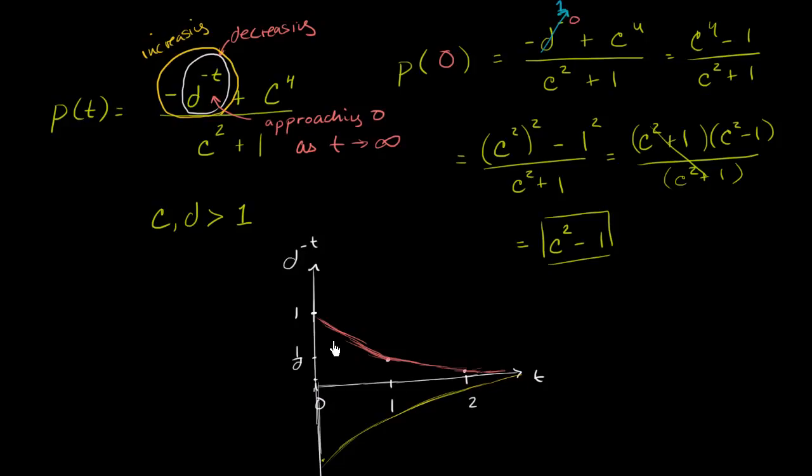And so as t approaches infinity, this whole thing just becomes 0, and our entire position is approaching, but never quite gets to, c to the fourth over c squared plus 1. So one way to think about it, it's approaching this, but it never quite gets to a position of c to the fourth over c squared plus 1.